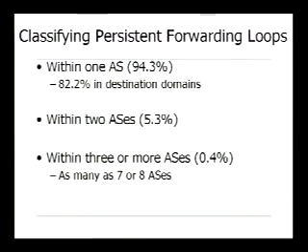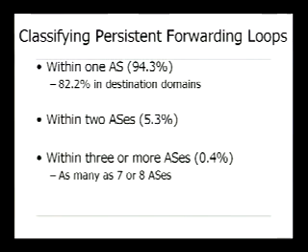To understand where these forwarding loops are and which ISPs are impacted, we classify the persistent forwarding loops into 3 categories. The first one is forwarding loops that happen within one autonomous system. We found that 94% of forwarding loops are in this category.